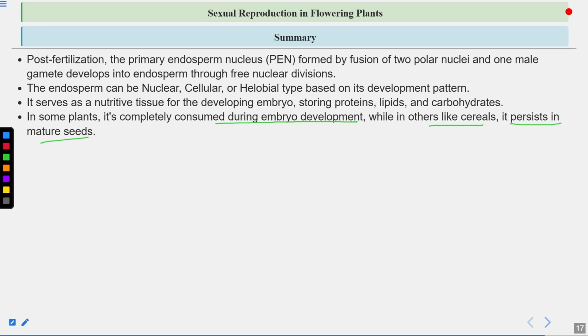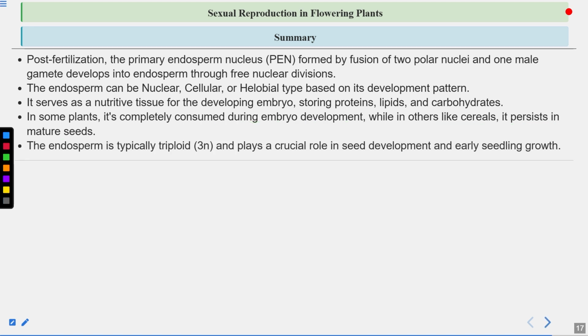So from where do they get the food material at the time of germination? From the cotyledon. Cotyledon also stores some food material, and that food material is given at the time of seed germination.